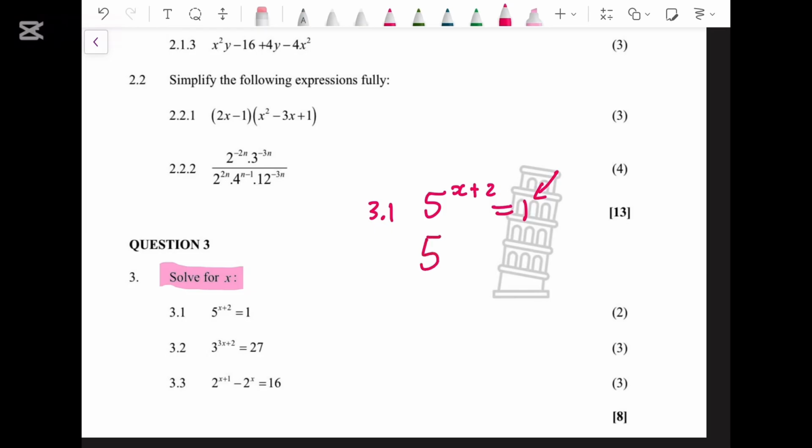So we have 5 to the exponent x plus 2 is equal to 5 to the exponent 0. Now the bases are the same, so the exponents are equal. Therefore x plus 2 is equal to 0, and if we transpose 2, x will be negative 2.